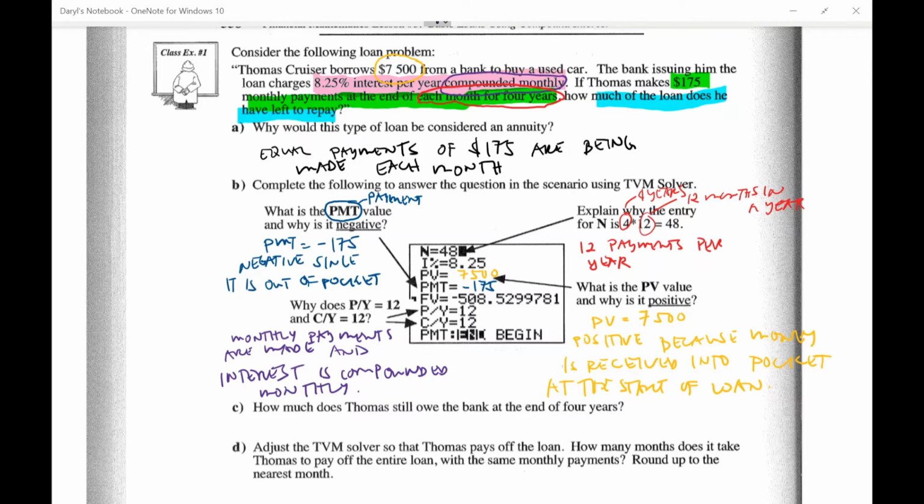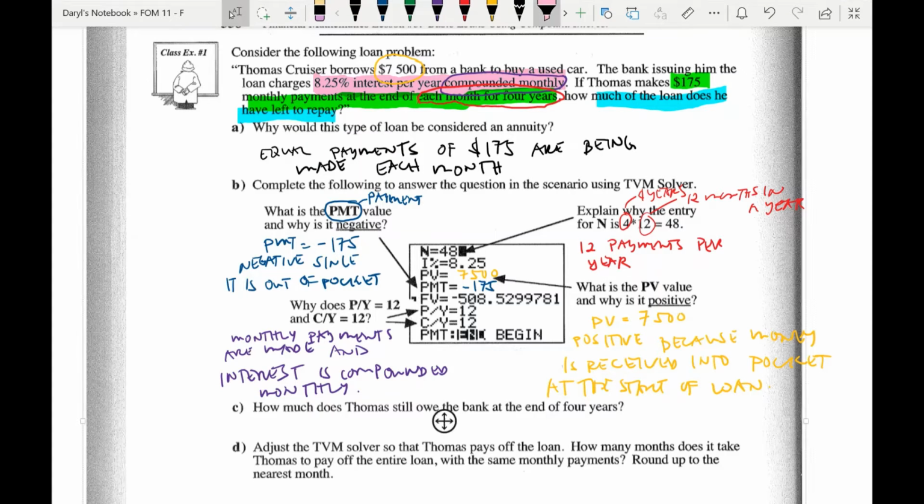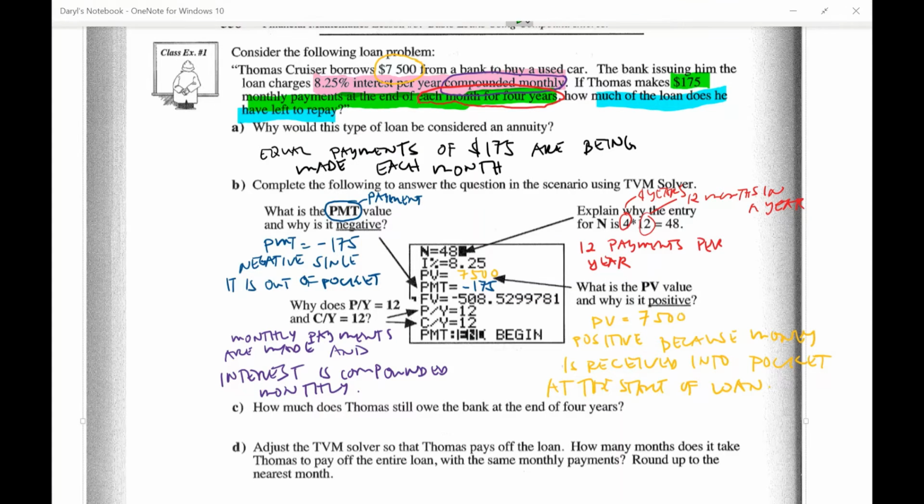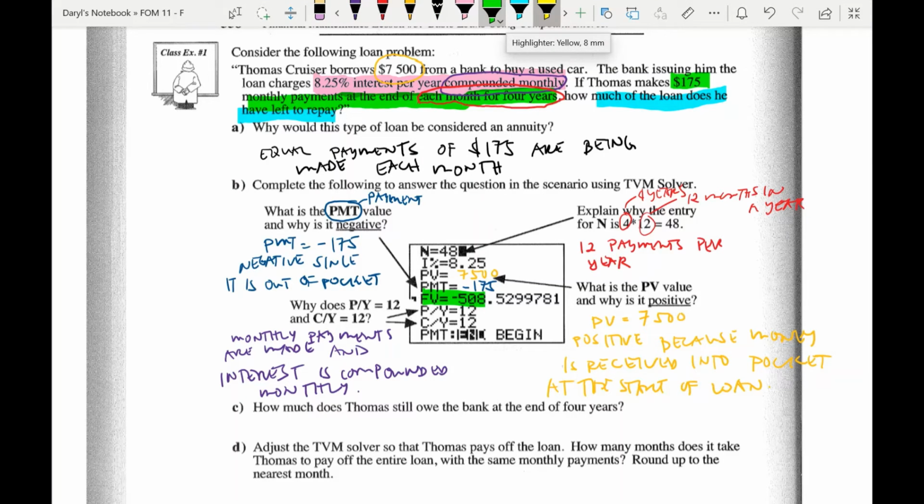So at the end of 4 years, if you can see the future value after 4 years is 508.